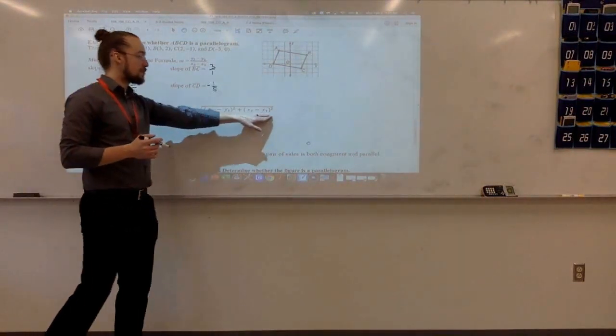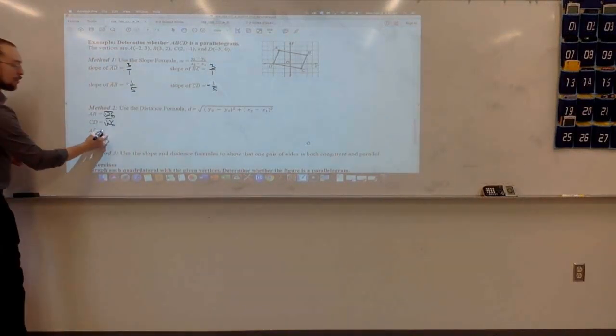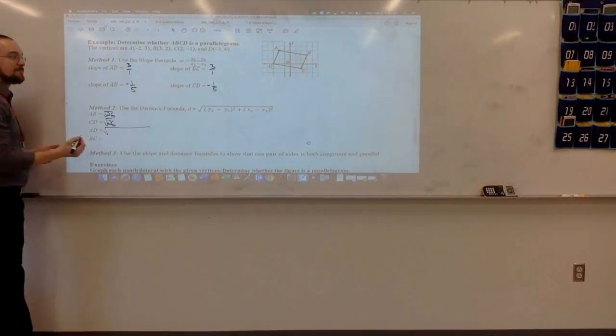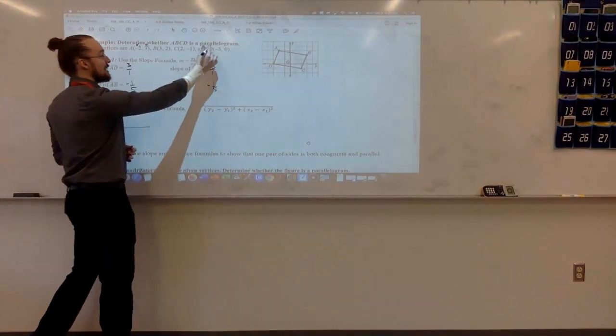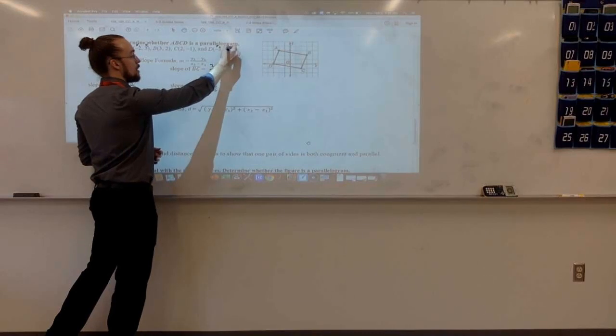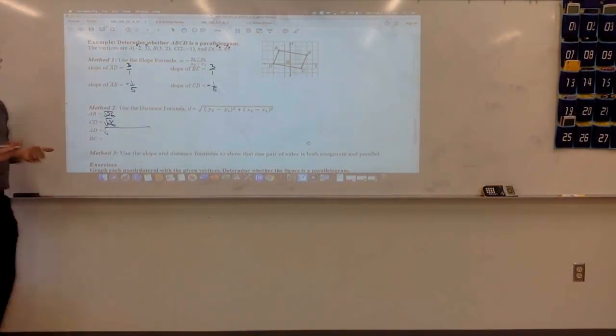Using the distance formula, we want to find the length of AD. So if I label A x1, y1, and D x2, y2, I can plug those values into my distance formula.